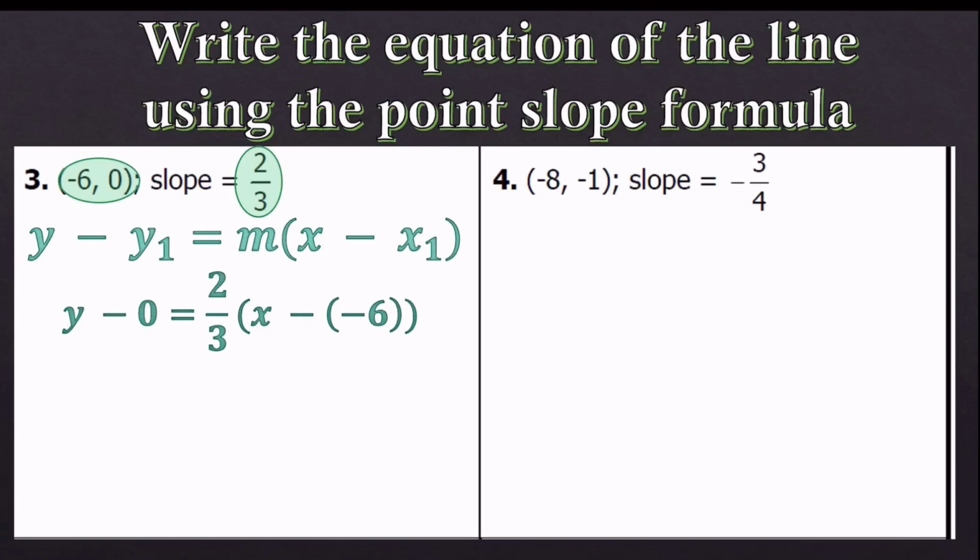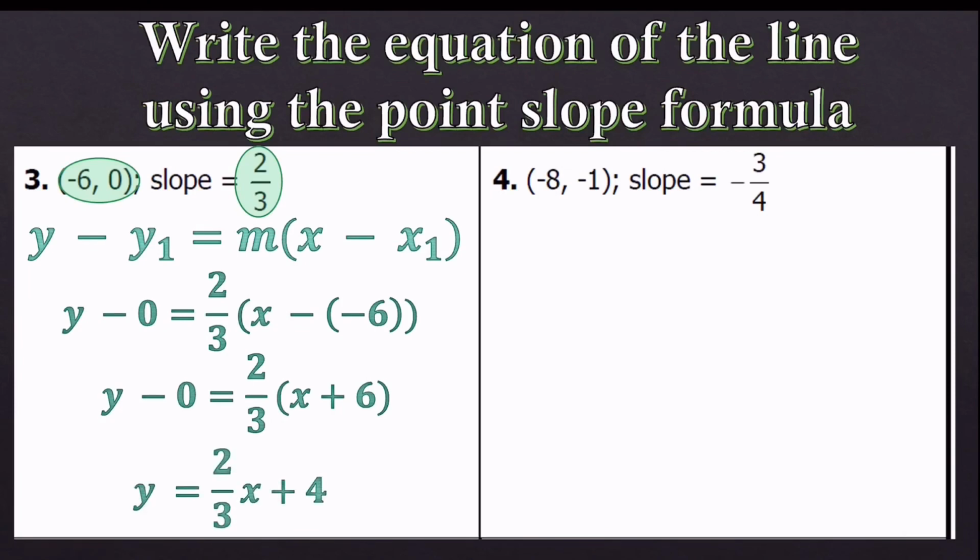My x1 is a negative, so I do need to put it in parentheses. It's best to rewrite it, ladies and gentlemen, before you do anything. Now you distribute. I have y minus 0. What is y minus 0 or anything minus 0? That thing. So after you've distributed, you're done. That is your answer.